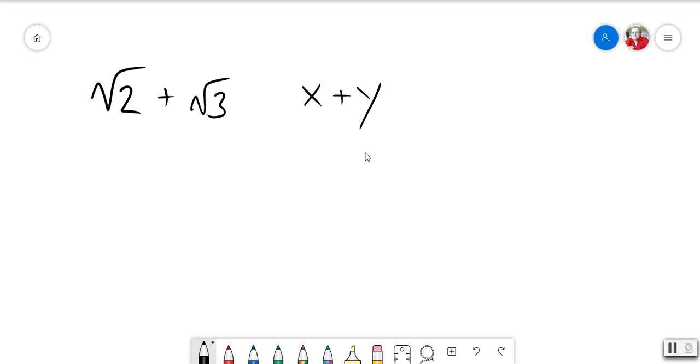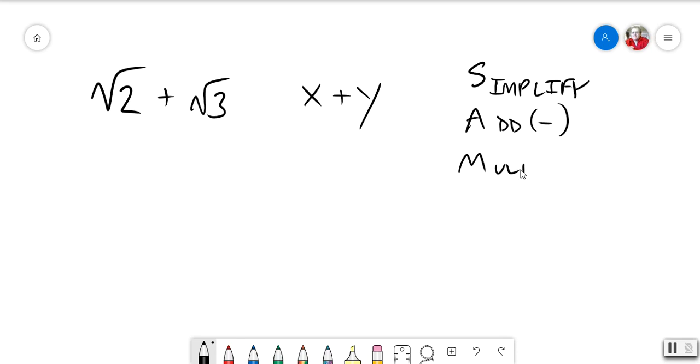Why? They're unlike terms. Remember way back in algebra, or maybe even pre-algebra, where we talk about getting like terms together. I'm sure with you guys I've talked about SAM, which is how you solve an algebraic equation. Simplify, add, which includes subtraction, and multiply, which includes division.